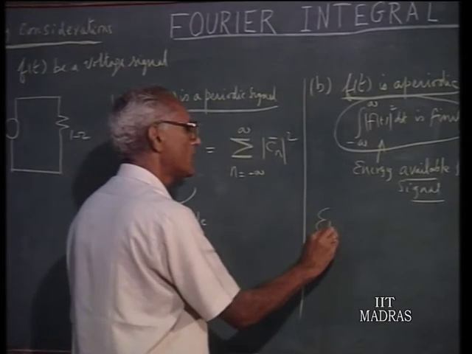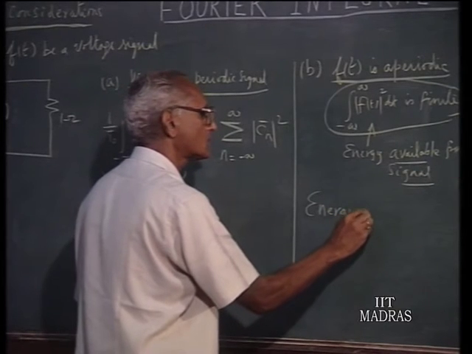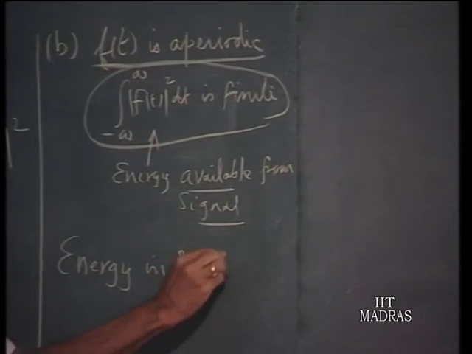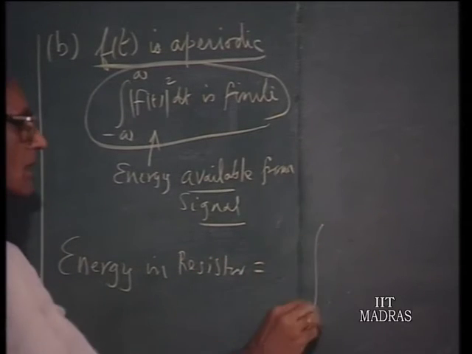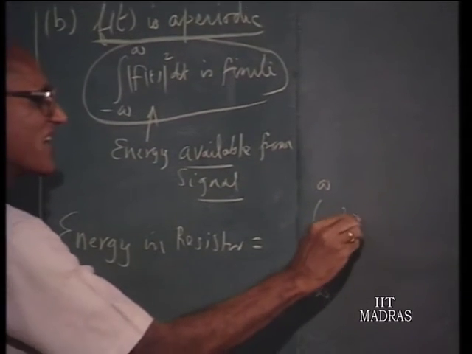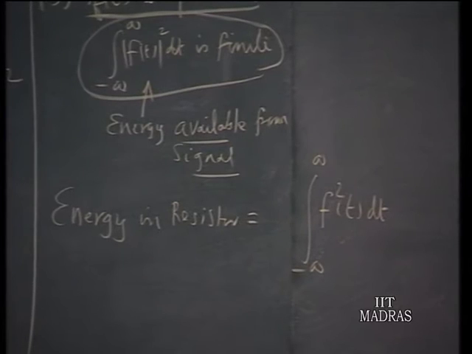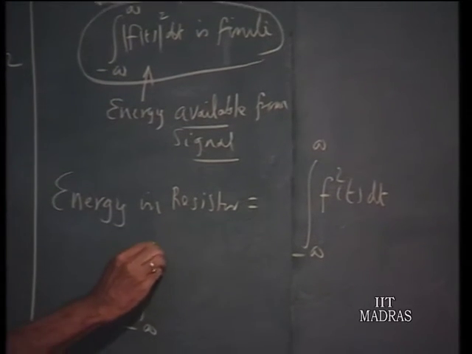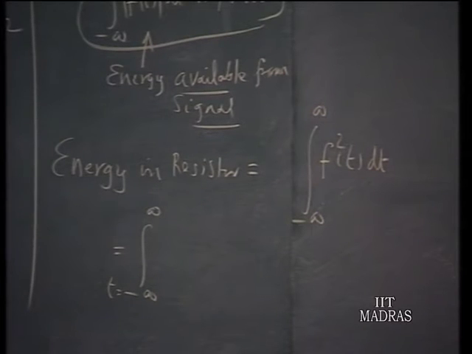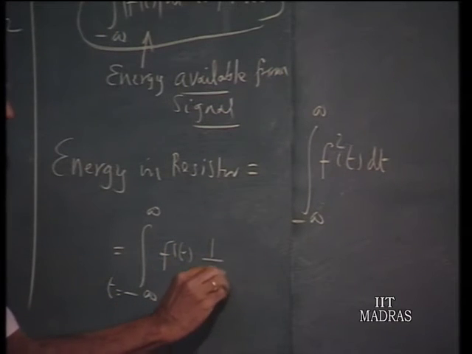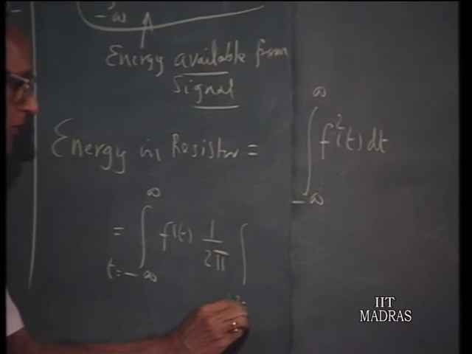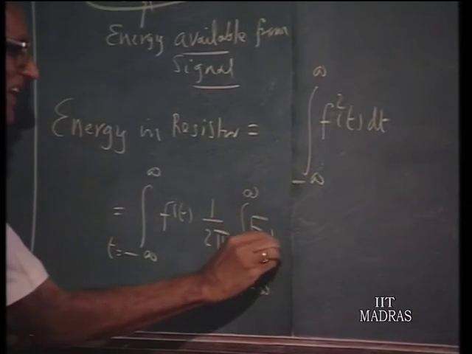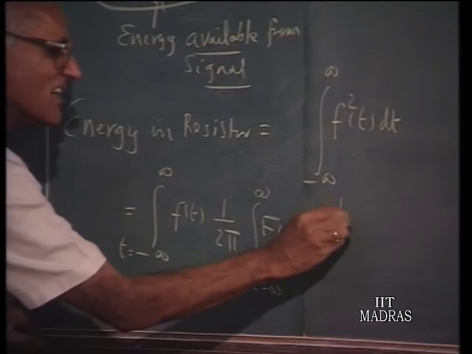The energy dissipated in the resistor is the integral from minus infinity to plus infinity of f square t dt, and this I would like to write as the integral, t running from minus infinity to plus infinity, of f of t, and for the other f of t I use the inverse Fourier transform formula, which is 1 over 2 pi, integral over omega from minus infinity to plus infinity of F of j omega e to the power of j omega t d omega.